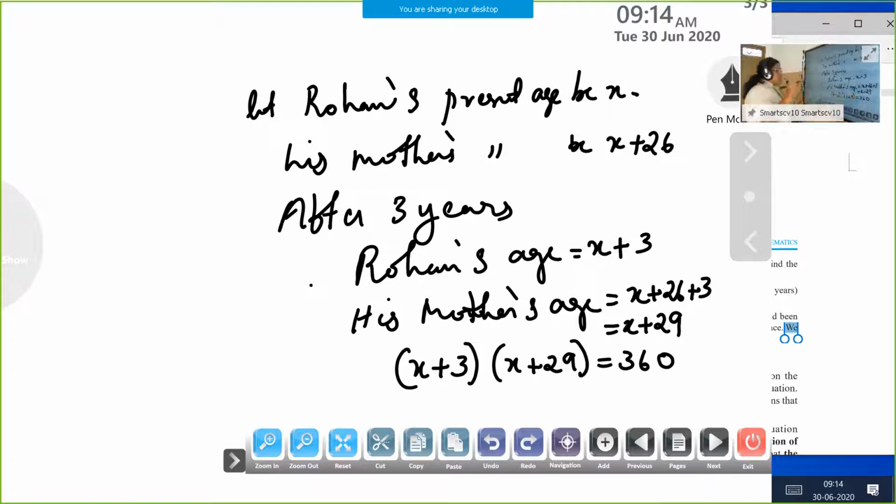Open the bracket: x into x, x square, plus 29x plus 3x, plus 3 into 29, that is 87, is equal to 360. Clear?